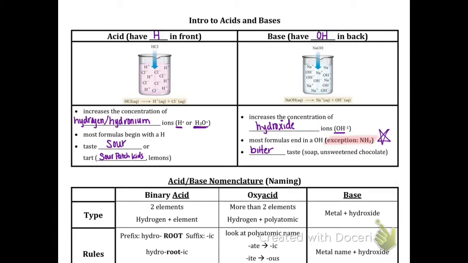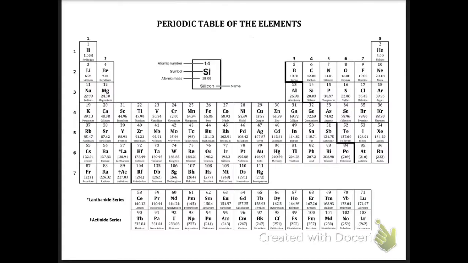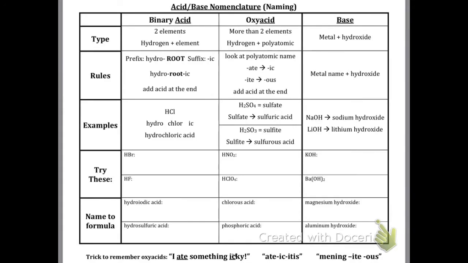Okay, so how do we name acids and bases? Okay, so we're going to need our periodic table, and let's look at the rules here. So with acids, there are two different types of ways to name them. So we have to look at a binary acid versus an oxy acid. So the word binary stands for two.